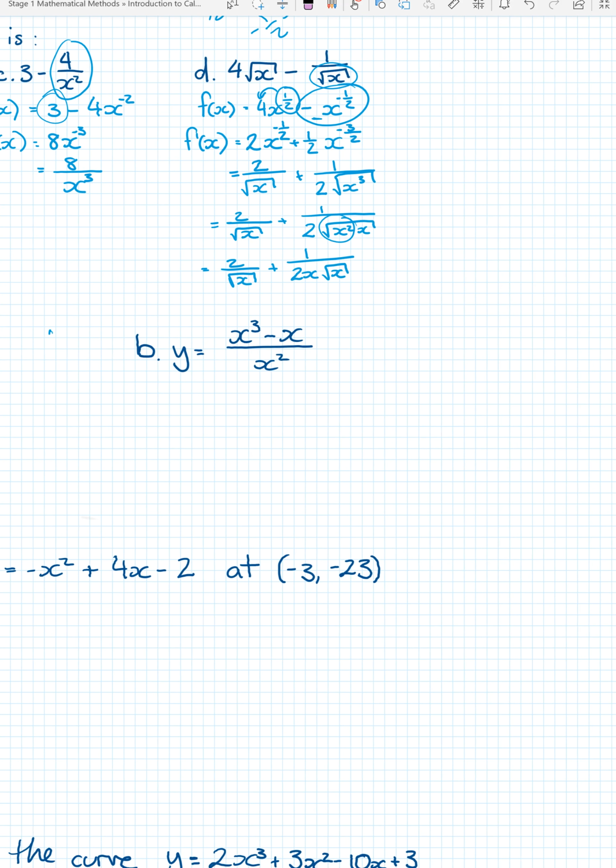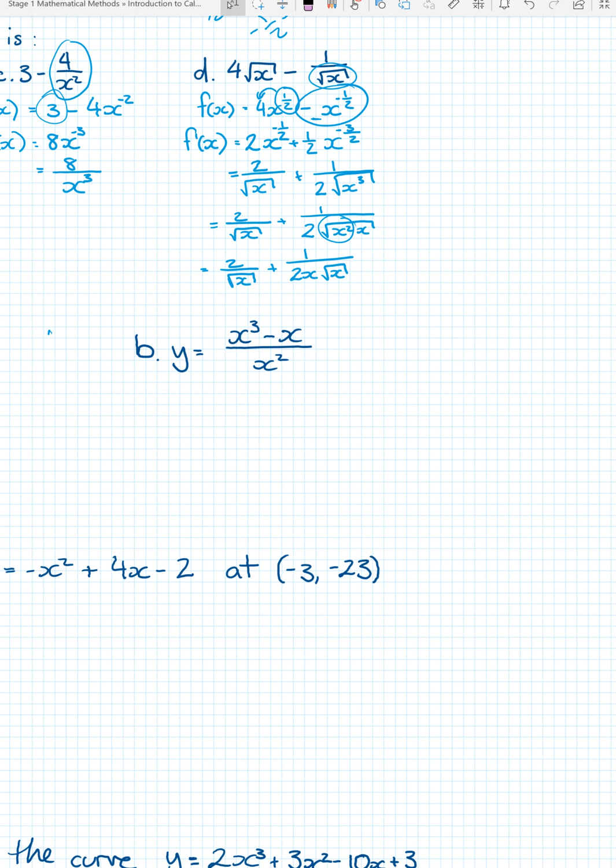Now for this one, it's a bit trickier. We need to get our formula first into the form that we can use. So what we're going to do is take it into two fractions. So we have x cubed over x squared minus x over x squared. Now, using our index laws, we know that when we have the same bases here, which are x, divided by one another, then we subtract the power on the bottom from the power on the top.